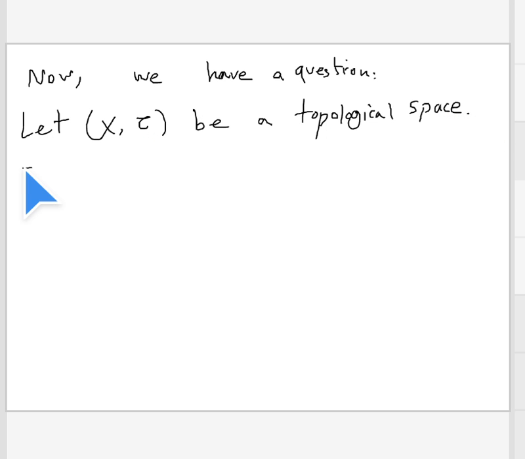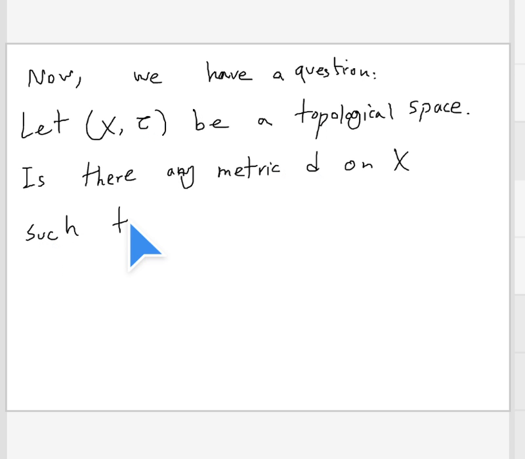Is there any metric d on X such that this topology is equal to the topology induced by the metric?